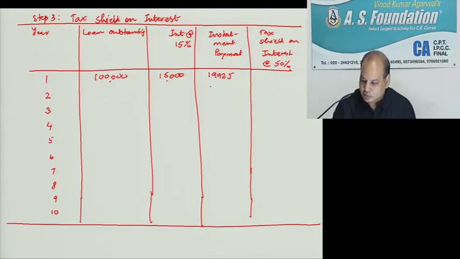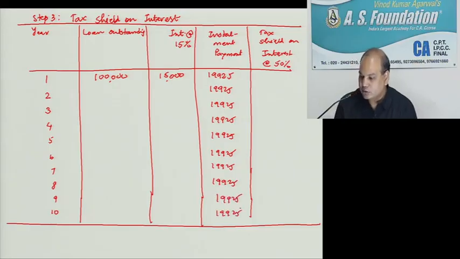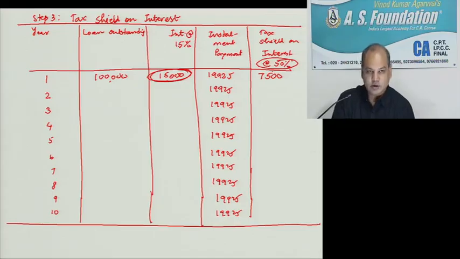This you write 10 times. Be a little fast, okay? In the exam, these are 8-10 marks questions. But you have to write fast. So first year tax shield will be 15,000 into 50%, 7,500 tax shield you will get. Is it right?